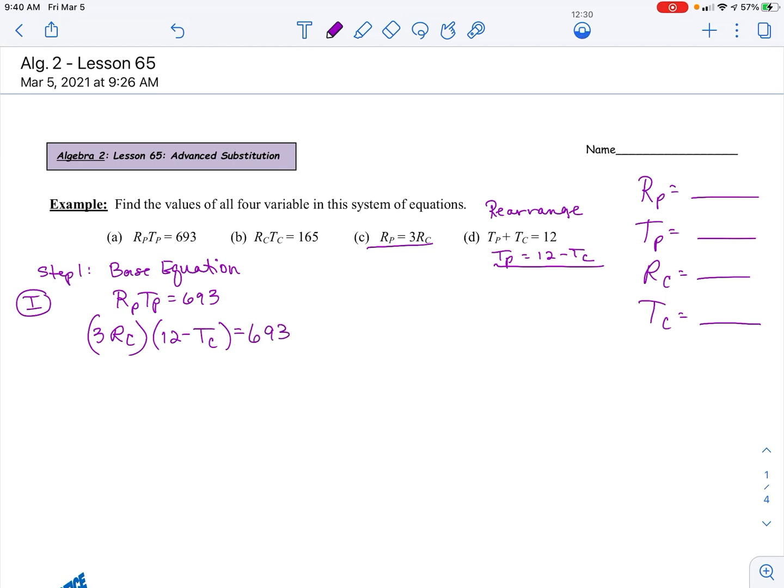Now let's make a multiplication here. Distribute this. You're going to have 36RC minus 3RC TC. This is looking pretty good because look here, RC TC right up here is 165. So let's plug in 165.